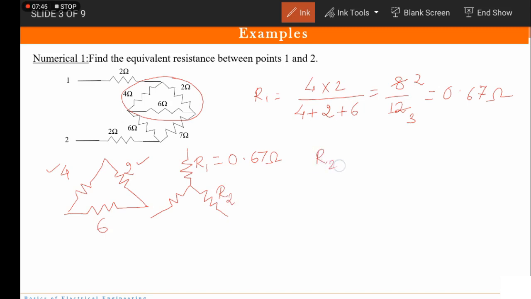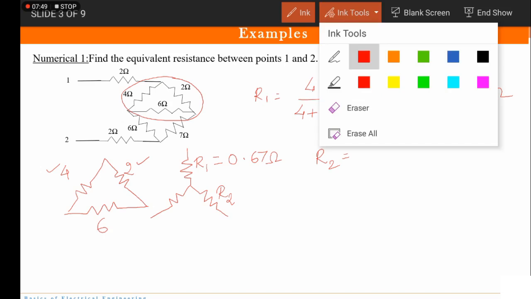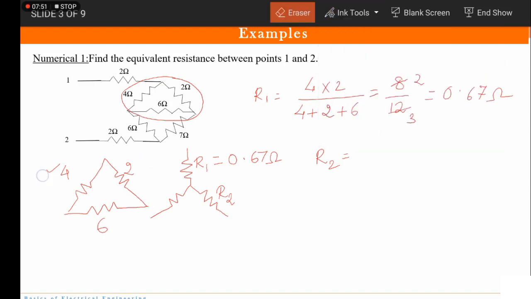So now I will calculate what is R2. So R2 will be again multiplication of these two resistances. Okay, so now here we have 6 into 2 upon 4 plus 2 plus 6, right? So that comes out to be 12 by 12, which is equal to 1 ohm.